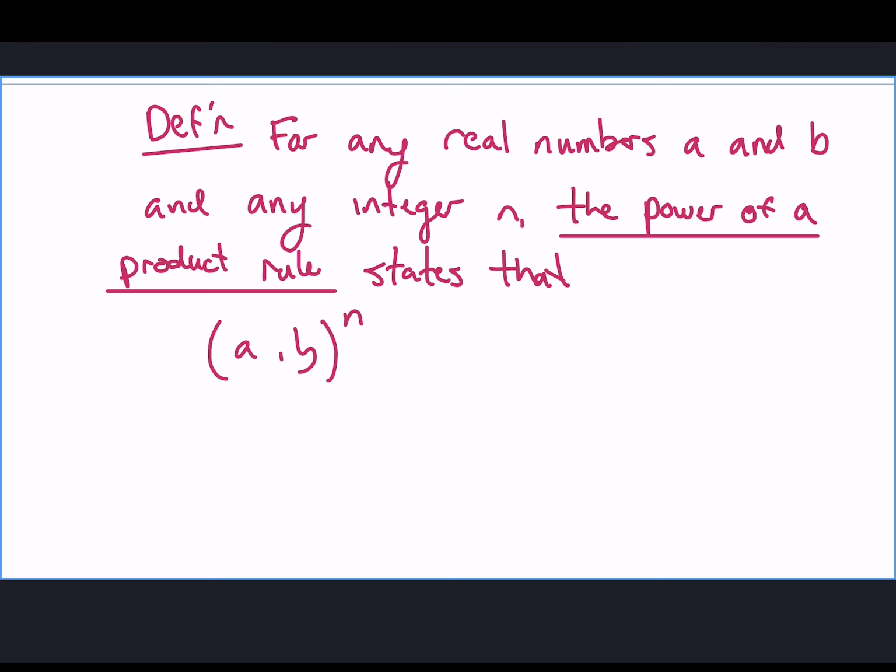Raised to the n power, that entire product raised to a power, is equal to each of the factors in the product, so A and B, each raised to the n power. A to the n times B to the n.